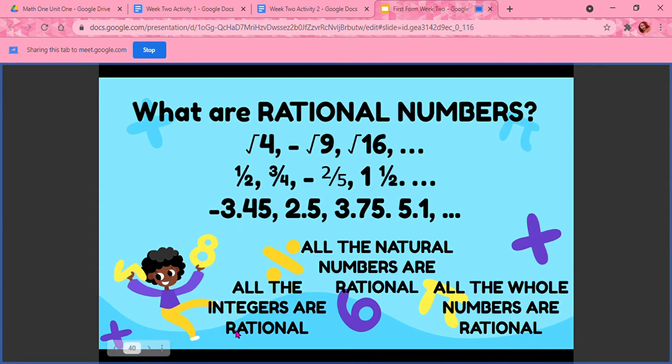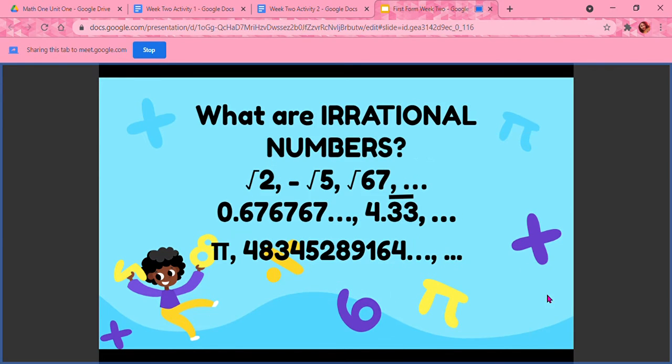And we have all the integers, all the natural numbers, and all the whole numbers. Now, irrational numbers, and we leave irrational numbers last because those are the ones that are all by themselves. So everything that is not whole, that is not natural, that is not an integer, falls under this set of irrational numbers.